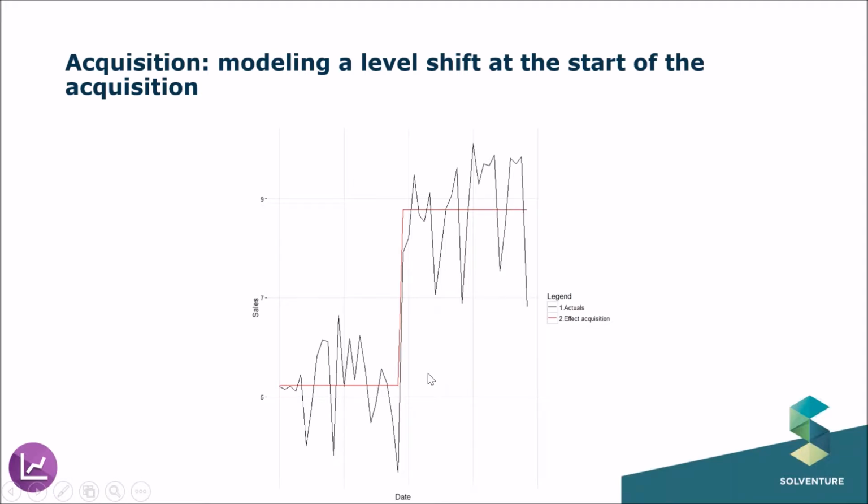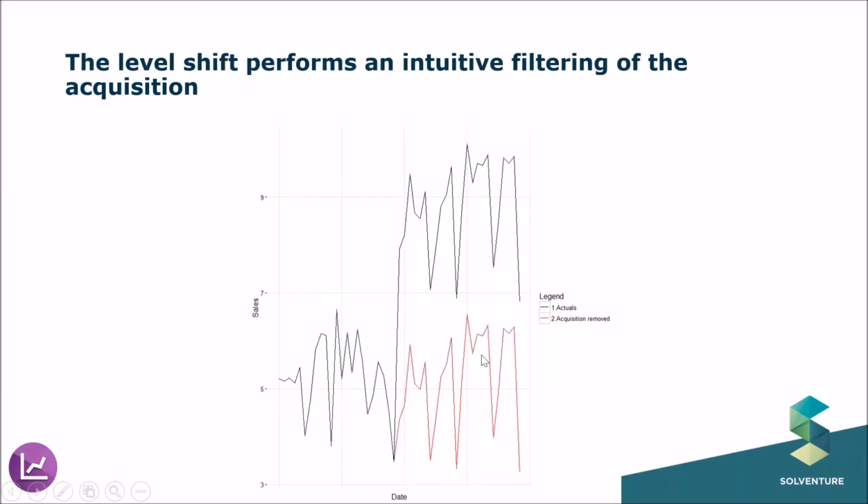So what can we do? If you know a little bit of basic statistics, you can model this as an event. Before, I say 0, there is no acquisition. After, this is 1, there is an acquisition. And I can try to model what the lift is that I get from that acquisition. That's what we have done here.